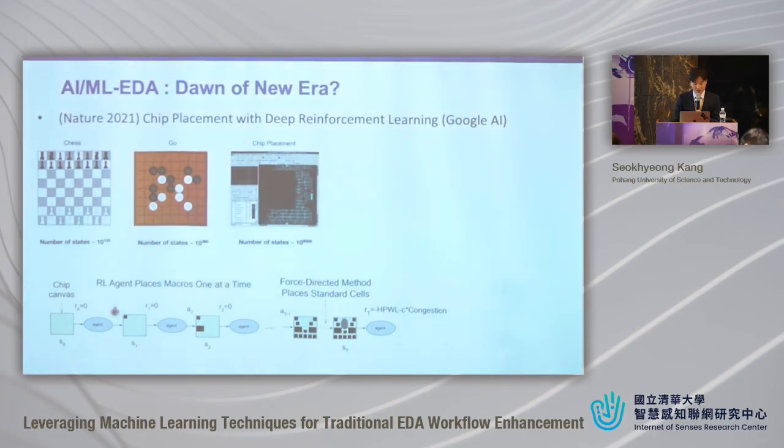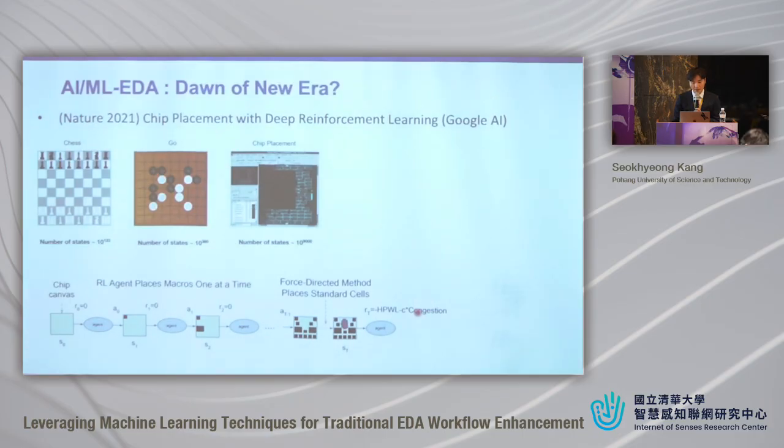As shown in this picture, they placed the macro cell, and after that, they placed the standard cells the traditional way and updated the reward function, which is composed of the wire length, the metal wire length, and congestion.